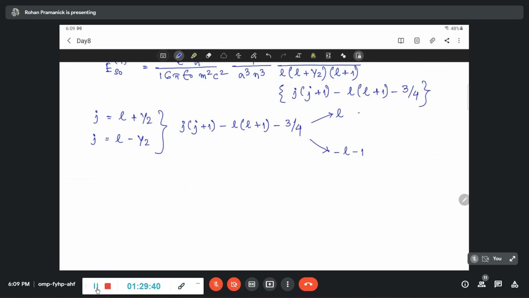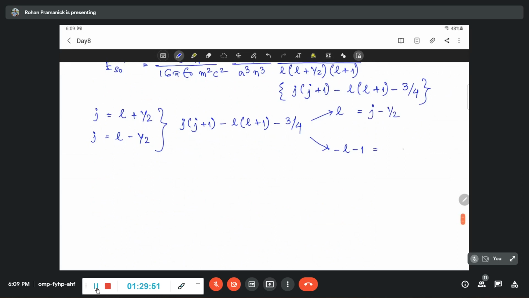But if I substitute L, you will have j minus half, and here you will have j plus 1 by 2. So this is L, j plus half, so this is minus j minus half.